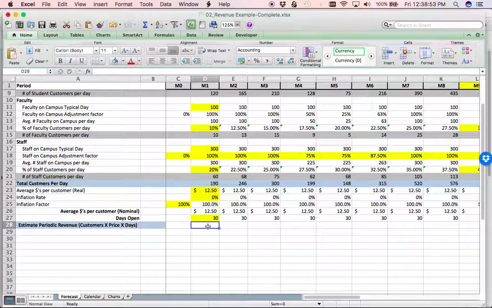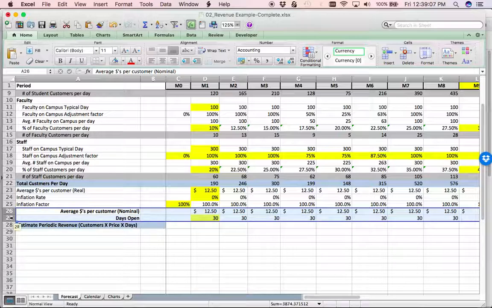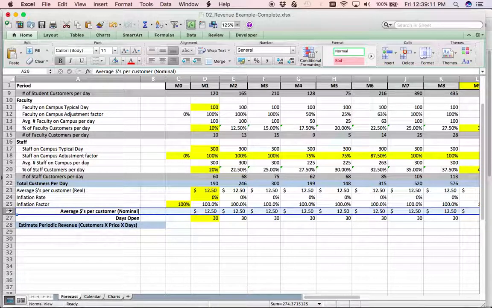And at the end of it, what's left is we just now need to figure out what's our revenue. Well, our revenue is just the number of customers times the price times the number of days. Okay, and I suppose I could highlight those in blue as well. I'm going to highlight the nominal price.